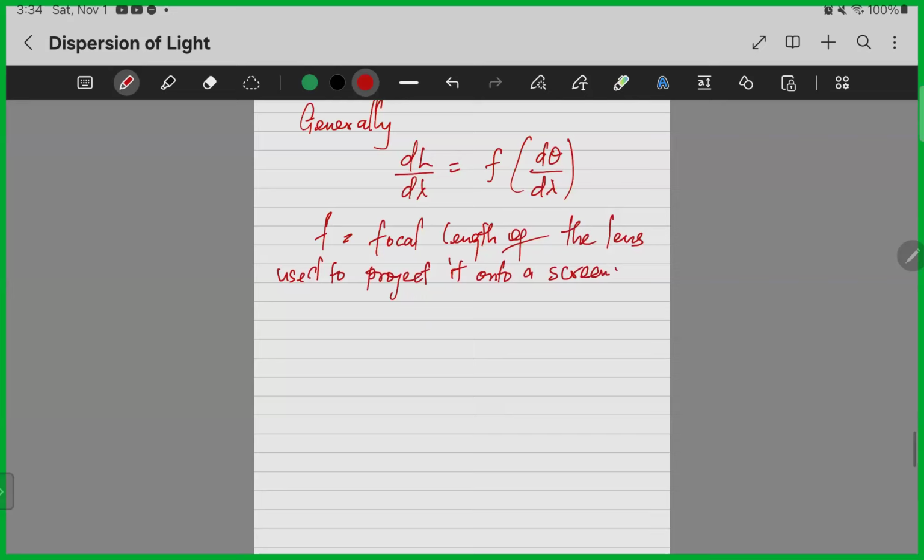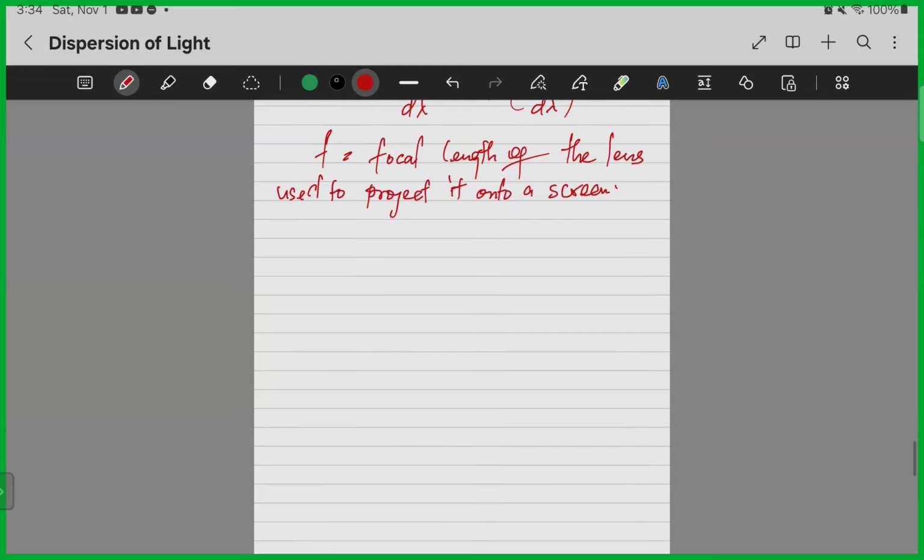So right after that, we are going into something called chromatic aberration.